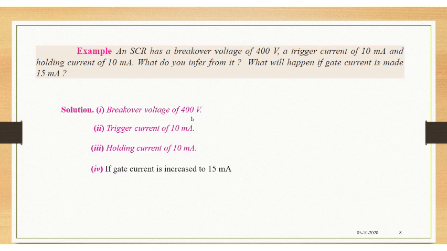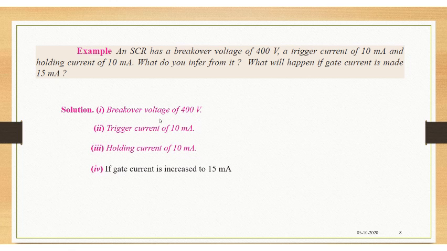Remember, breakover voltage is the voltage at which the SCR will shift from forward blocking mode to conduction mode. Conduction mode means it is conducting, current is flowing there. So I'll repeat: if the supply voltage is less than 400 volts, the SCR will remain open, that means it does not conduct.